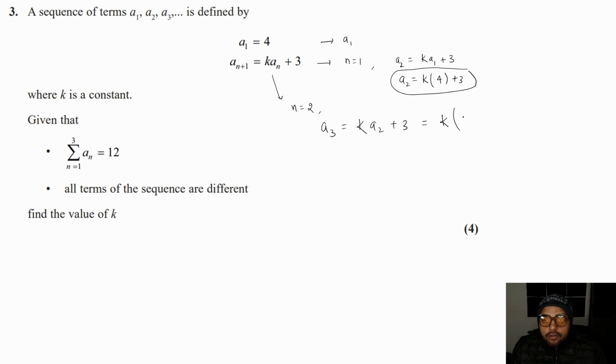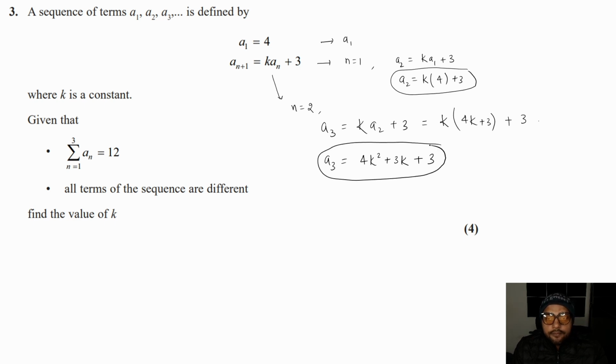So it will be k times 4k plus 3, plus 3, that will be equal to a3. So a3 will be equal to 4k square plus 3k plus 3. So we have got a quadratic equation here, students. Okay, we have got the values of a1, a2 and a3.